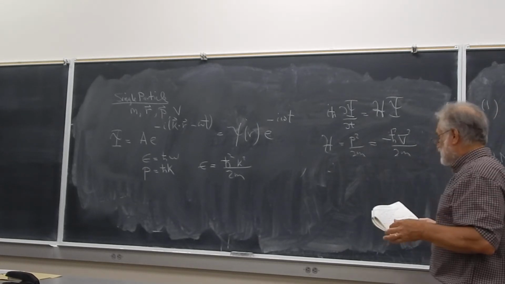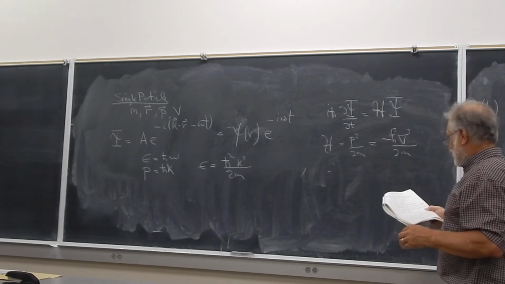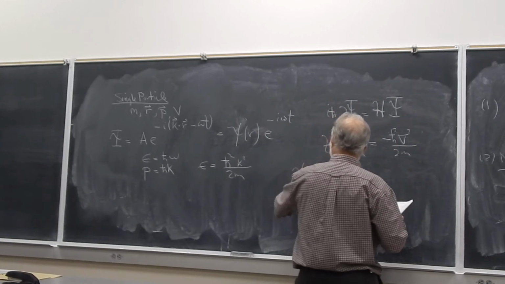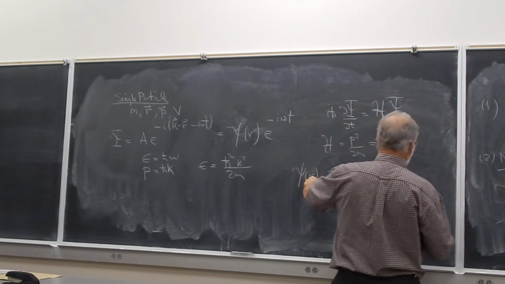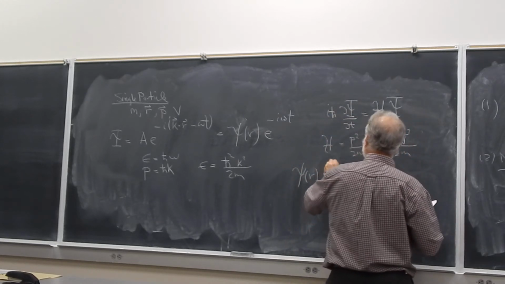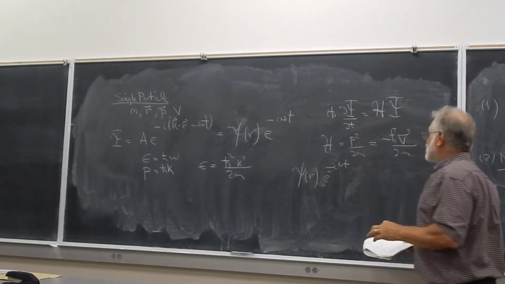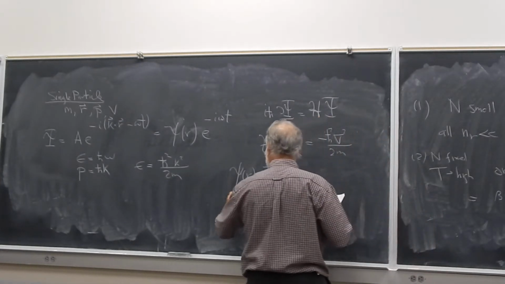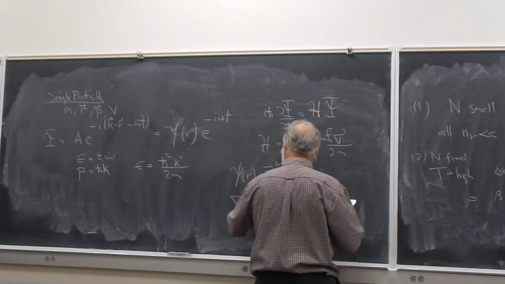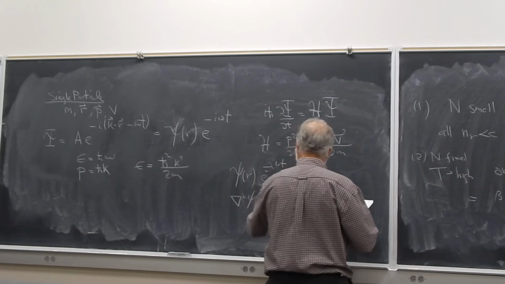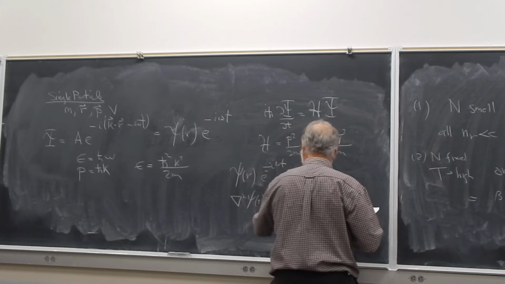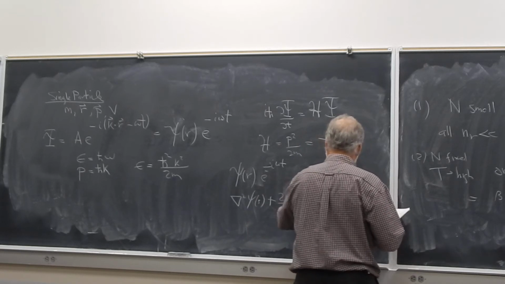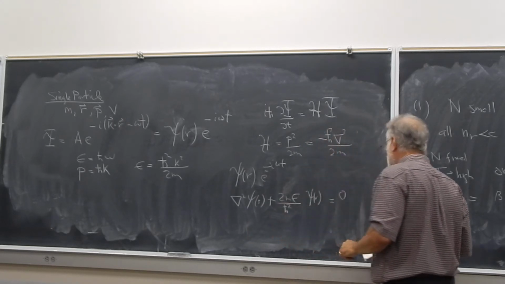Now, if I express ψ of r and t in terms of the product of the time-independent part times e to the minus iωt, I get the time-independent Schrödinger equation, where I have ∇²ψ(r) plus 2mE over ħ² times ψ(r) is equal to 0.